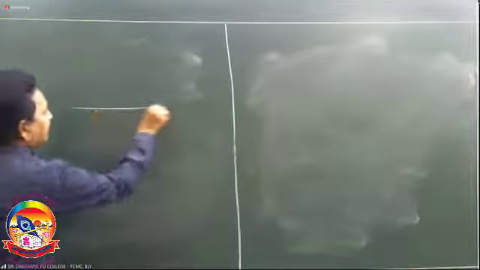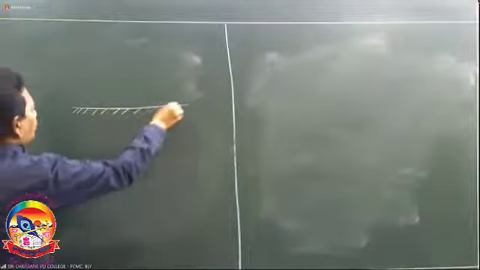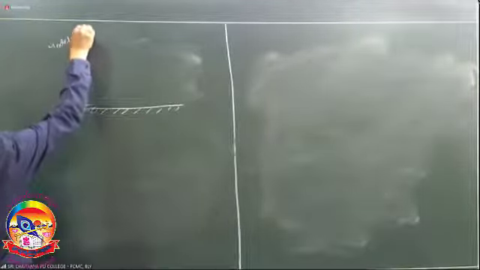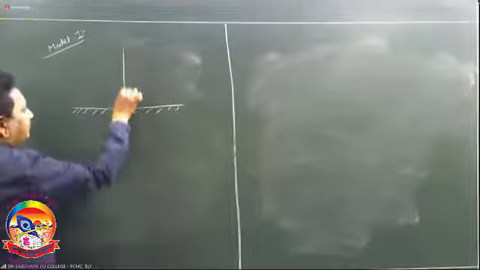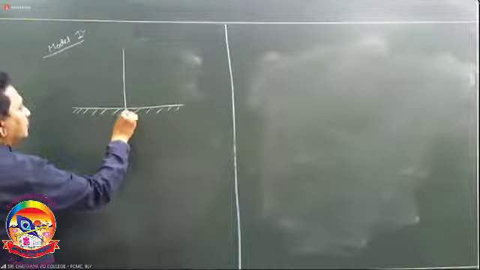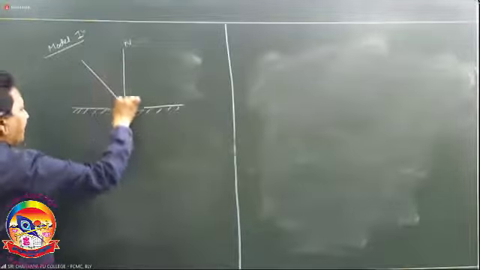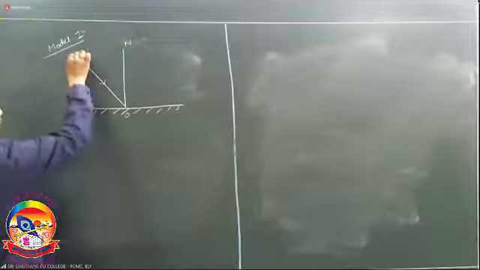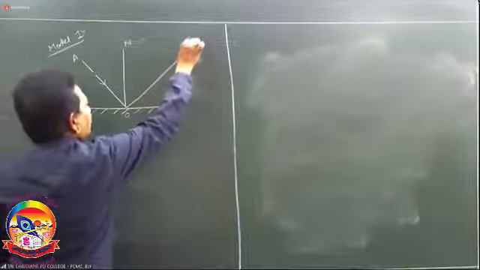Suppose this is the plane mirror. You take model 1, model 2, whatever you want. Next model. Plane mirror, normal ON, incident ray AO, reflected ray OB.